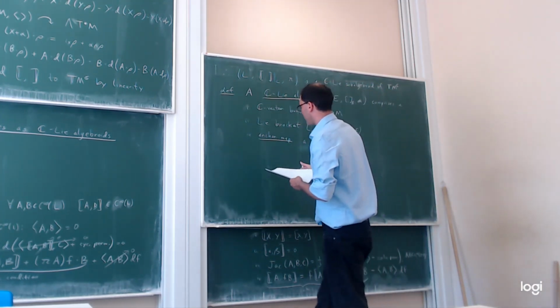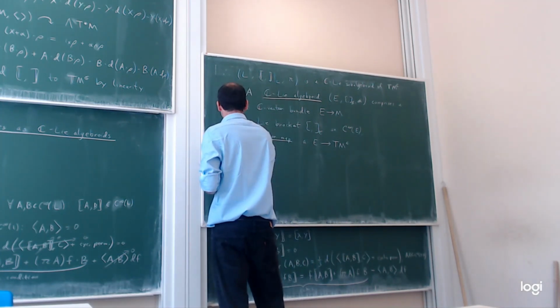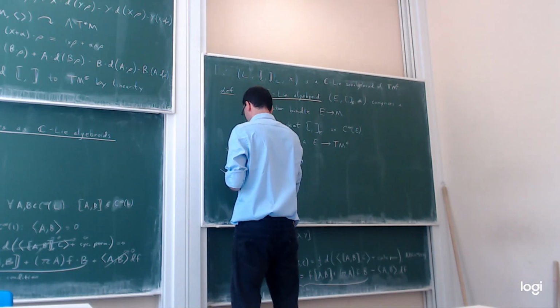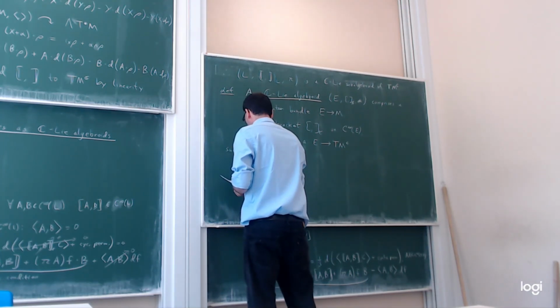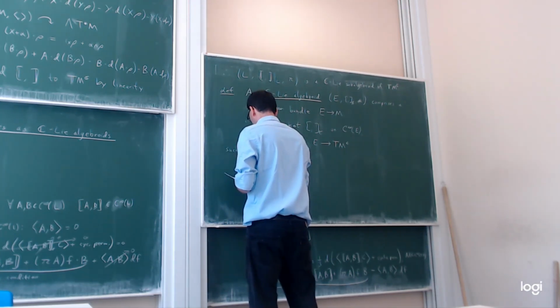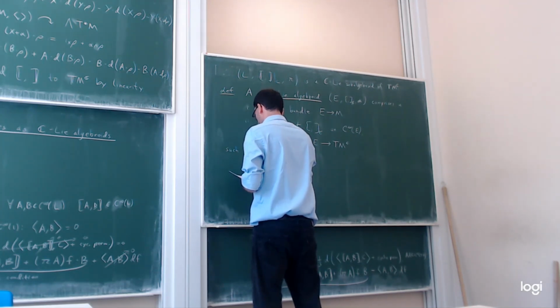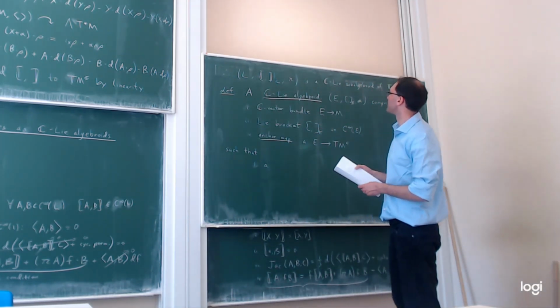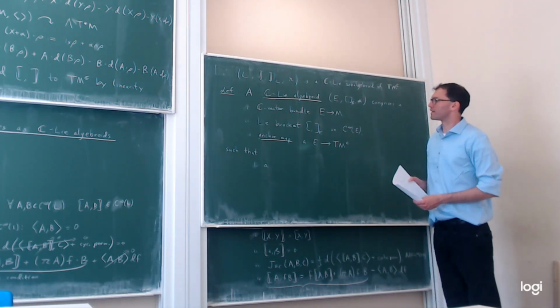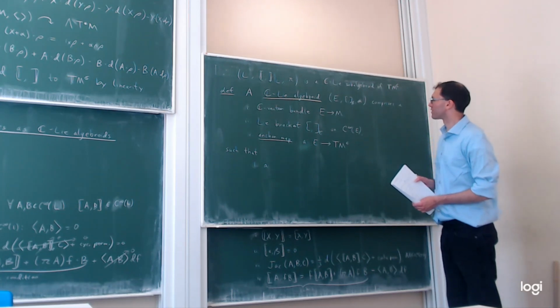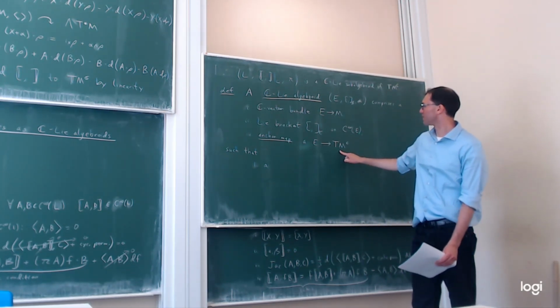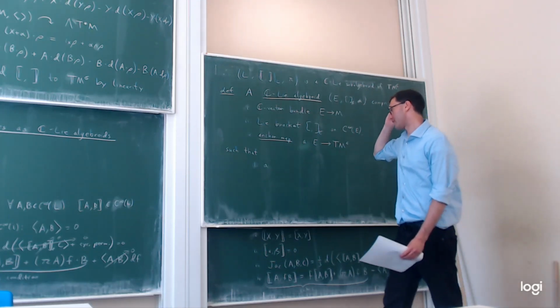Such that the following conditions hold. First, the anchor map induces a Lie algebra homomorphism from the space of sections of E to the space of sections of the complexified tangent bundle.